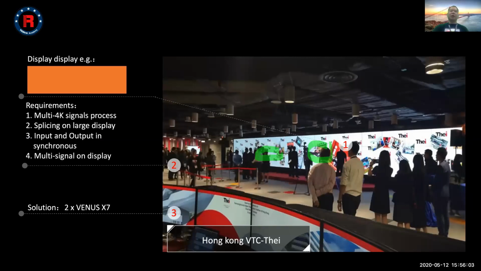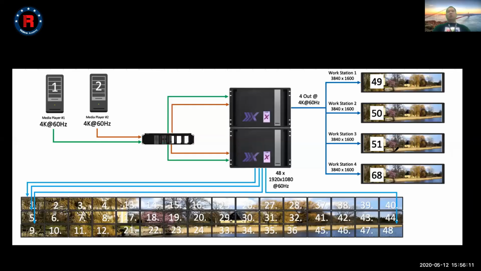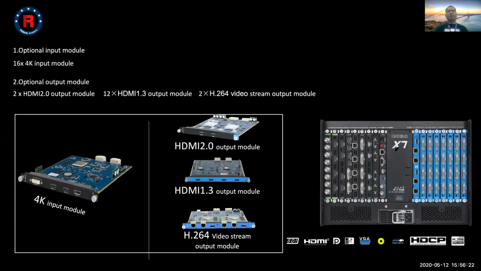They can use their hands to manage the content on the display. And this is the drawing for your information. To help you remember this application, we put this module in S7 as an example here.